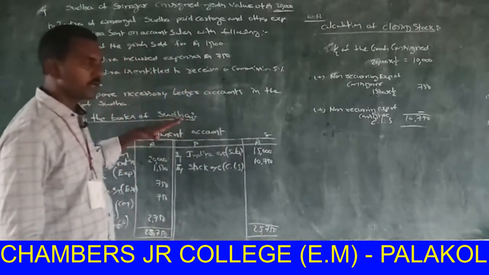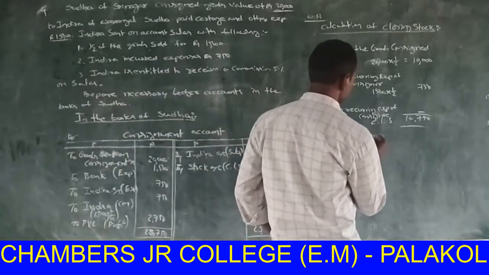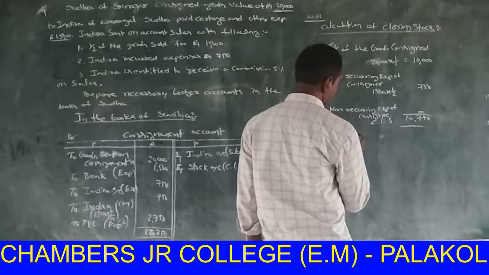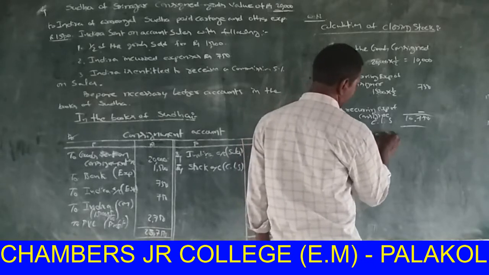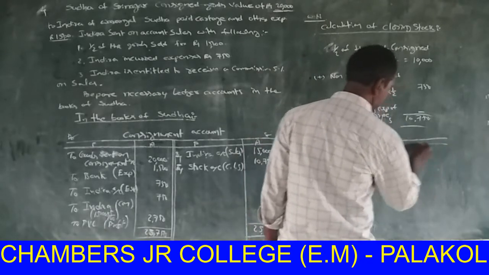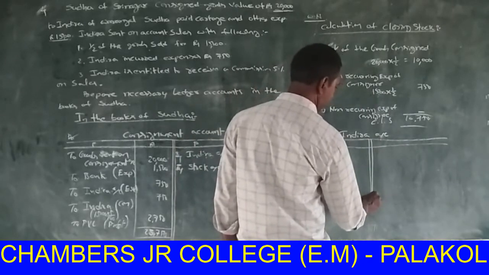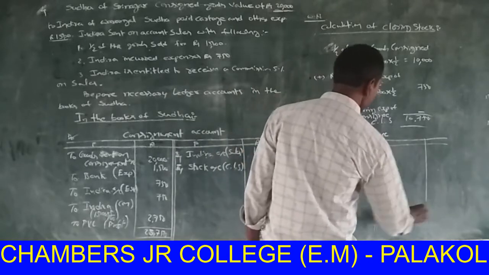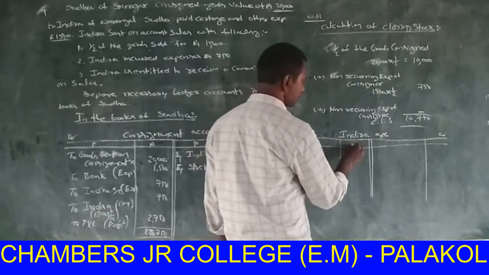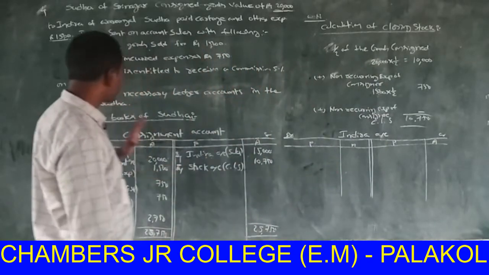After preparation of the consignment account, now you prepare the consignee account, Indira account, with debit, credit, particulars and amount. It is easy to prepare with the help of the consignment account.